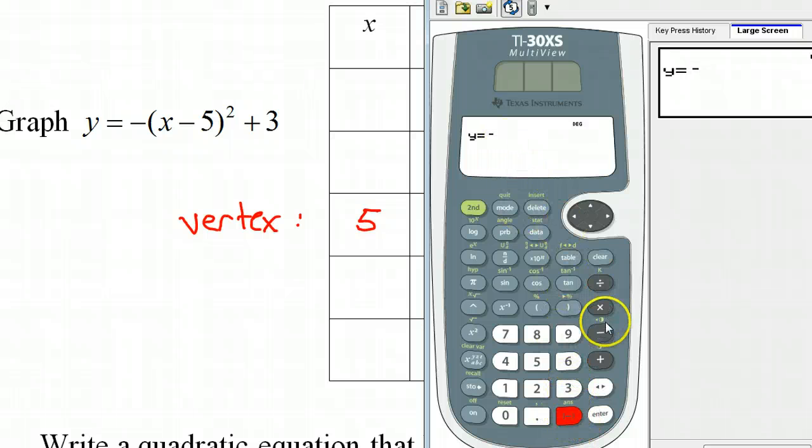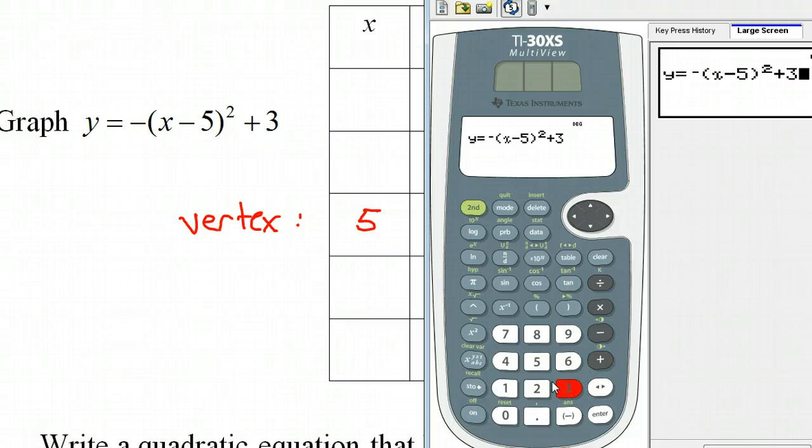I saw a couple of kids trying to use the gray key for a negative sign. You don't want to use that in the very front. You're going to get an error message. So then the rest of it, x minus 5, close the parentheses, square it, and then plus 3. So there it is, I've typed it in.